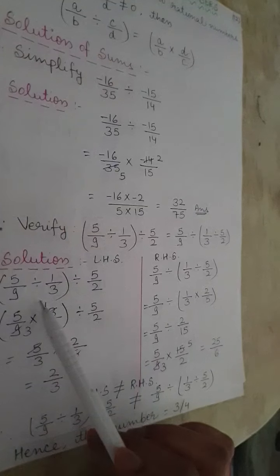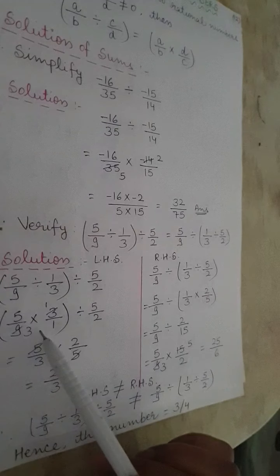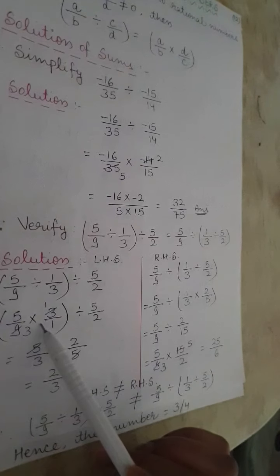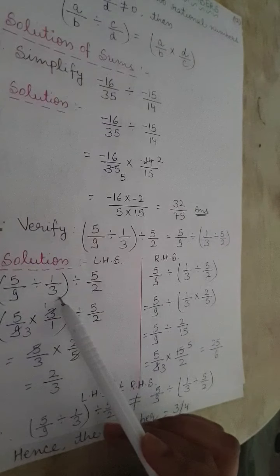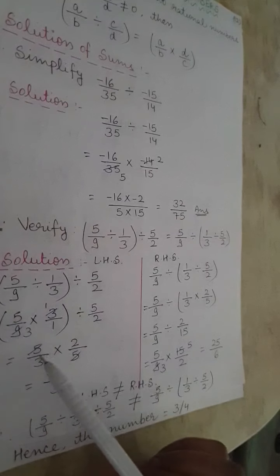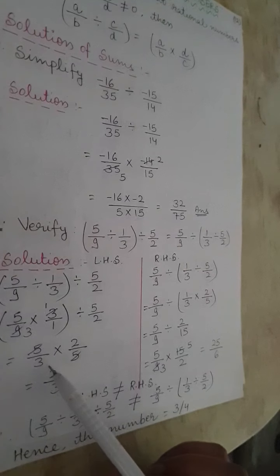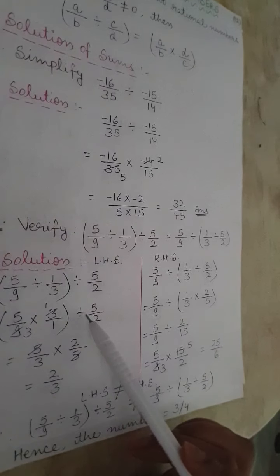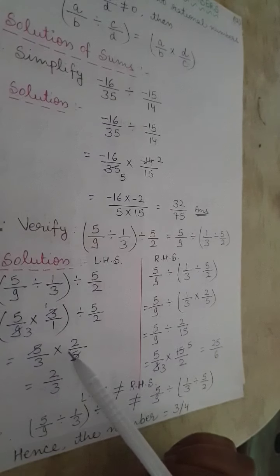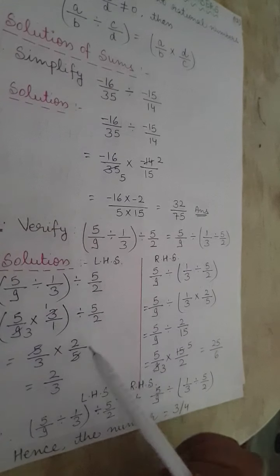First we are converting this division into multiplication and taking the reciprocal. And when the bracket is solved, what we get? 5/3. Now convert this division into multiplication and then reciprocal.